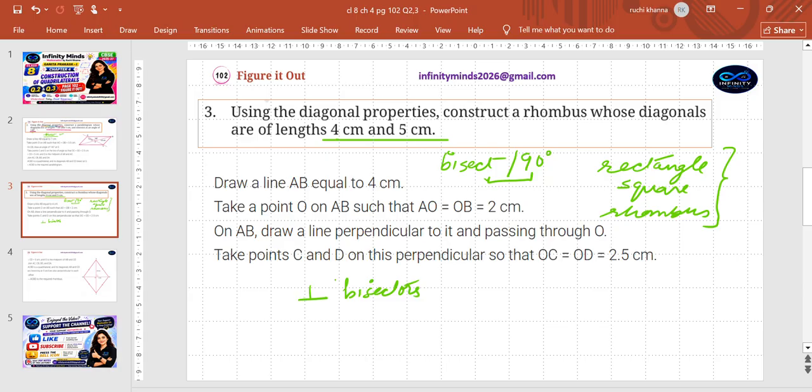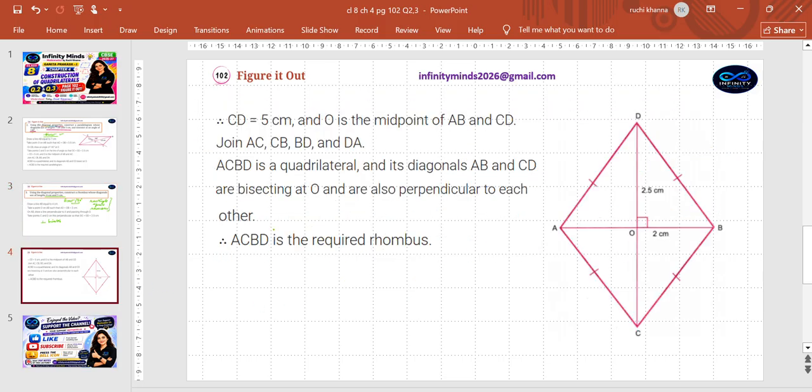Yesterday we had made one construction in which a square was obtained. There also, yes, the diagonals are perpendicular bisectors, but there the diagonals are equal in length also. So only the length differs, but the steps remain the same. Okay, let's quickly go through this also. Here, that's the kind of shape you will obtain. Draw one of the line segments, make its perpendicular bisector.